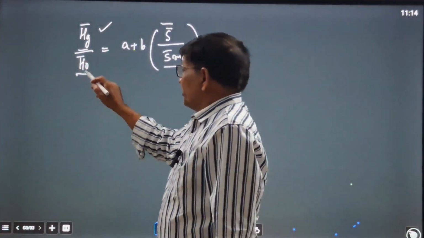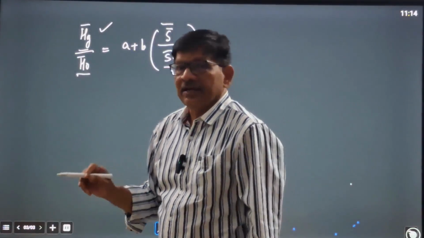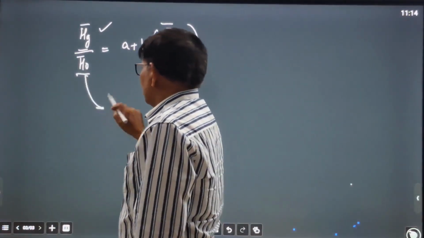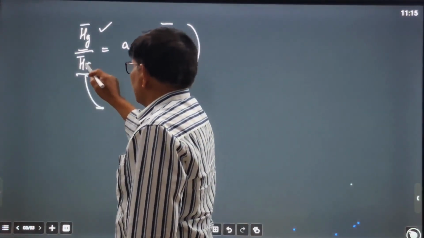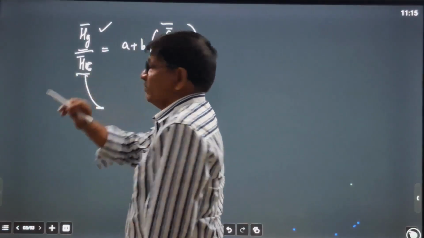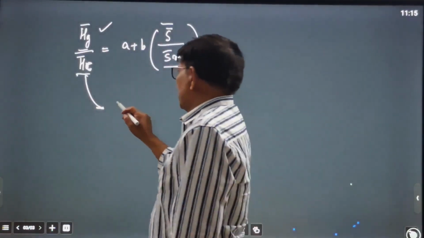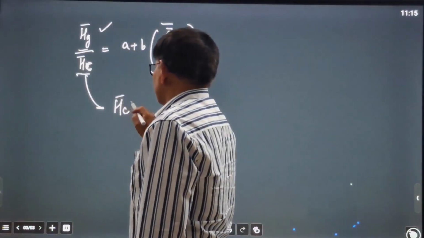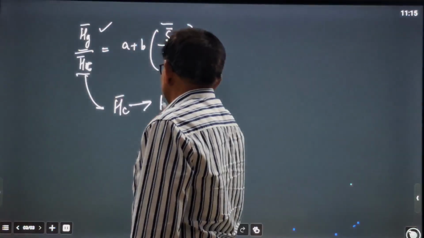This was modified by the scientist Klein. Earlier it was Hc for clear day, and he replaced it with Ho.